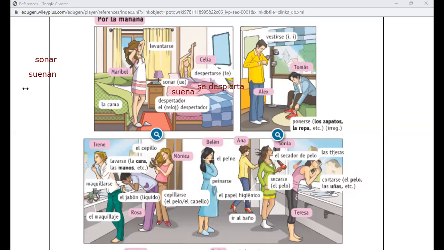I'm going to put it over here. Despertar. And then se is attached because despertar is to wake someone up. Pero despertarse is when someone wakes up. So when the verb has the se particle, it becomes reflexive.